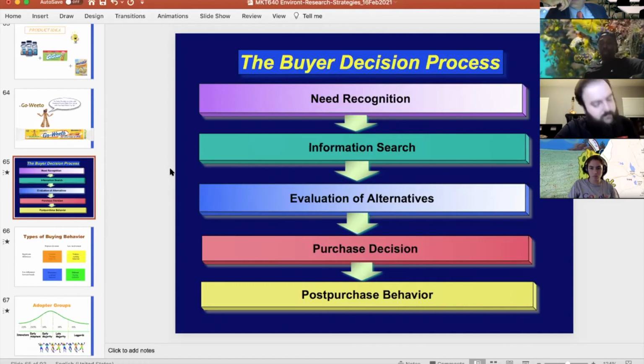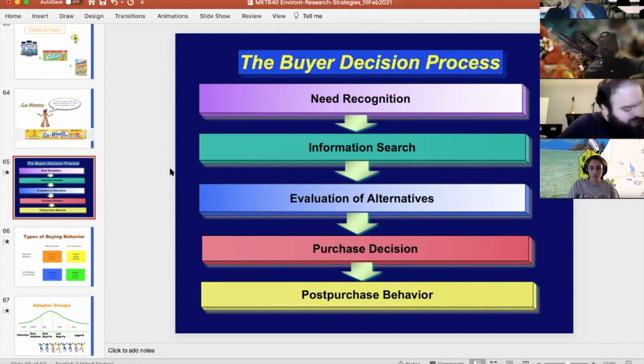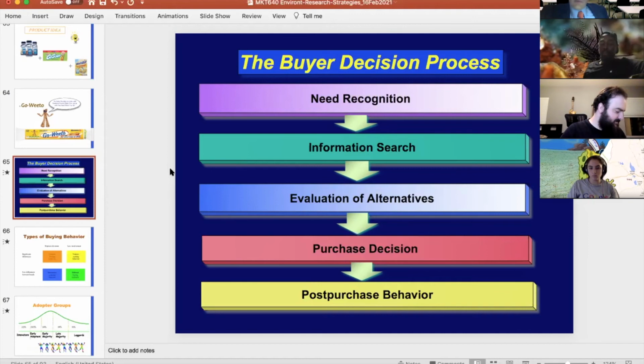So the higher the perceived risk, the more people will go into information search. The less the experience, the more people will search for information. If they've already purchased something before and feel they have enough information, they may make the decision and buy, or they may try the product. Not everything can be tried, but it's always better when you can let people try.